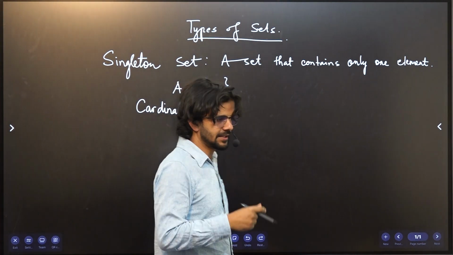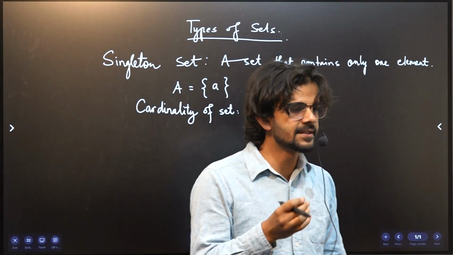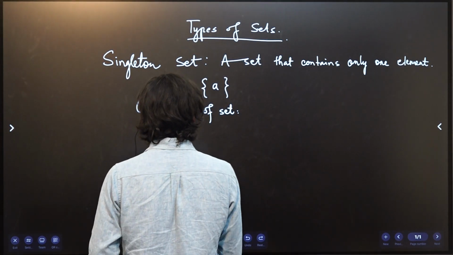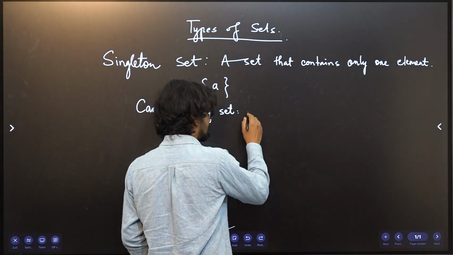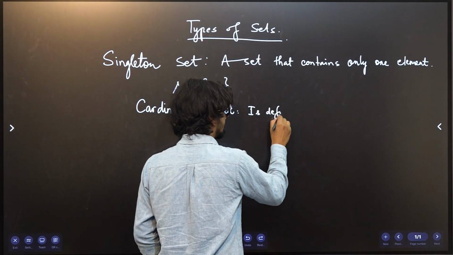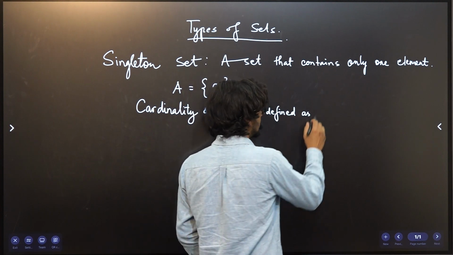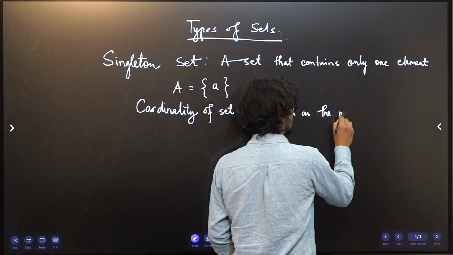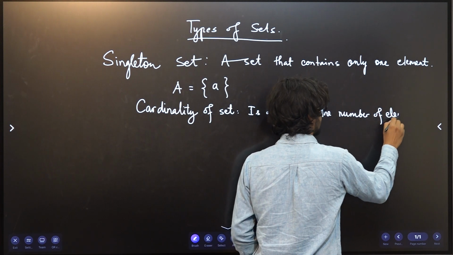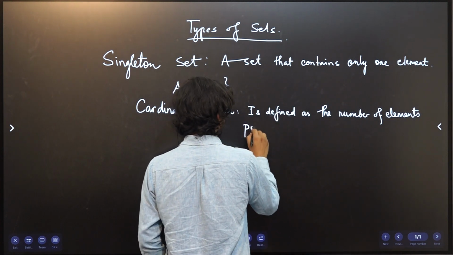Cardinality of set, it represents the number of elements present in a set. Cardinality of a set is defined as what? As the number of elements present in a set.